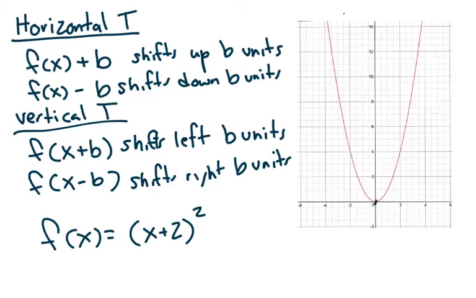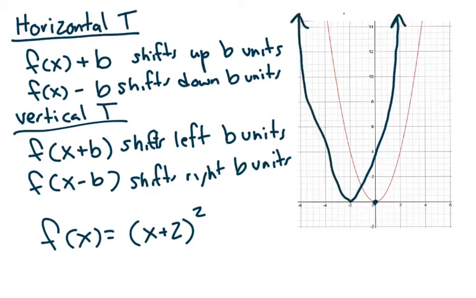So our parabola, instead of its turning point or its vertex being at 0, 0, is now going to be at negative 2, 0. So it's going to look like that. Okay, it's shifting it to the left 2 units. All right, same thing if you added a negative 2, it would shift it to the right 2 units, okay? So that is a horizontal transformation there.